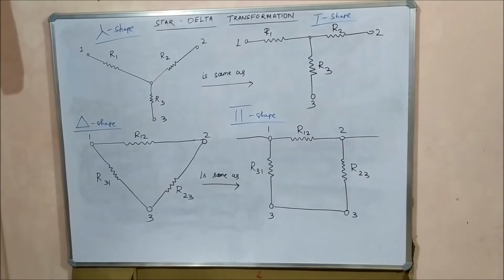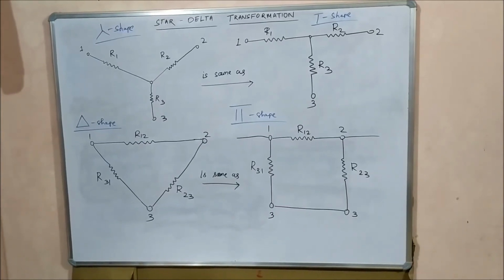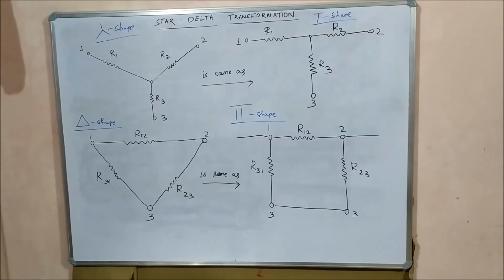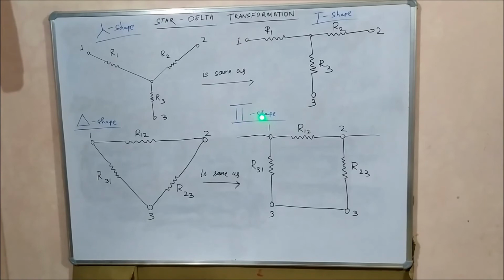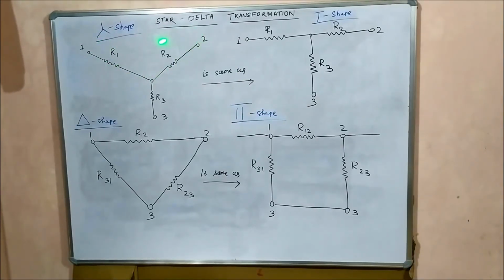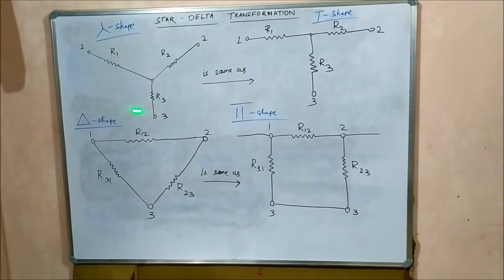Previously I was saying that the star shape is also called the T shape and the delta shape is also called the pi shape. What I meant was that suppose you have this star shaped structure, drawn in this way.